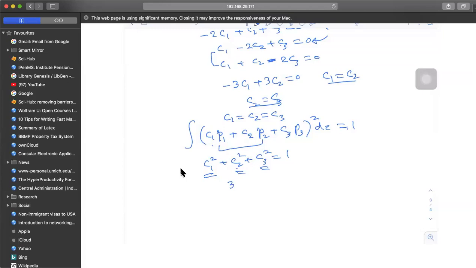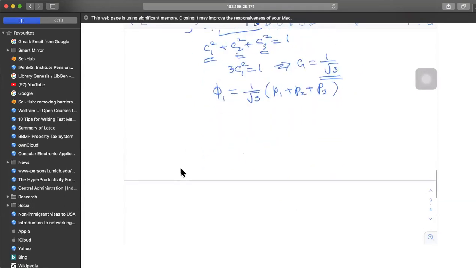Therefore, 3C1 square is equal to 1, which implies that C1 must be equal to 1 by root 3. And therefore, the bonding molecular orbital, which I call phi1, is 1 by root 3 into P1 plus P2 plus P3. So this is the most bonding molecular orbital.